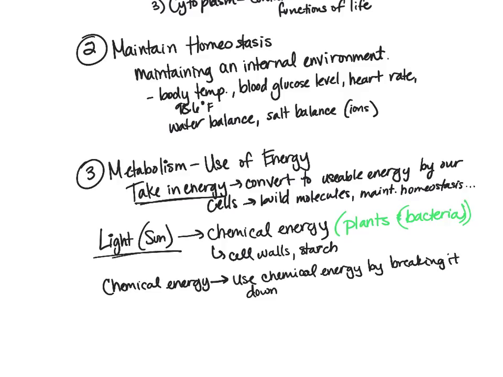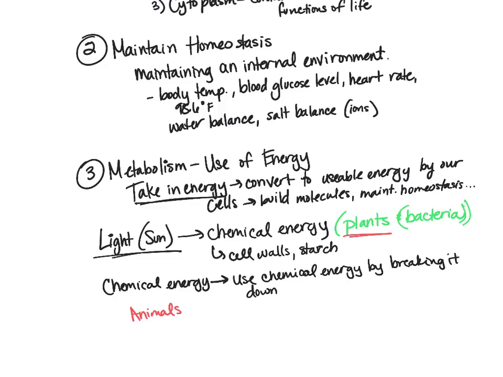And then you can imagine, what does this? What eats plants? We do. So we can talk about animals in this sense. Animals are going to be taking that chemical energy from plants, eating the plants, and then they're going to break down that chemical energy that's been stored in the bonds in plants into energy that can be used by animals.